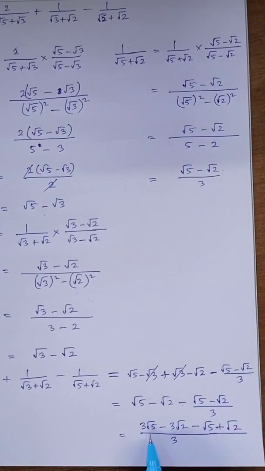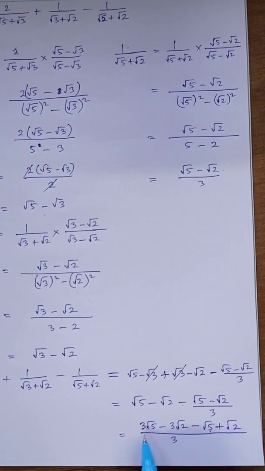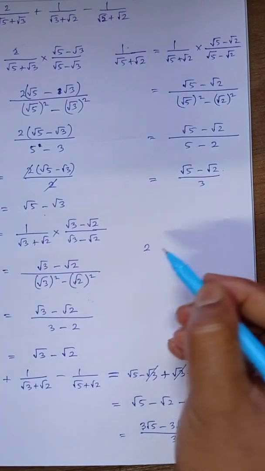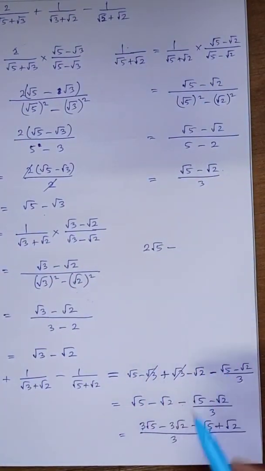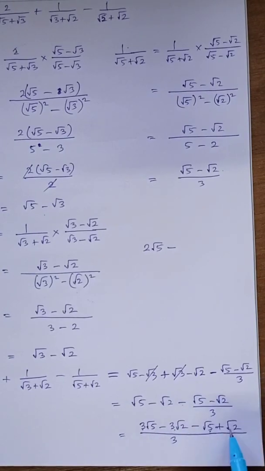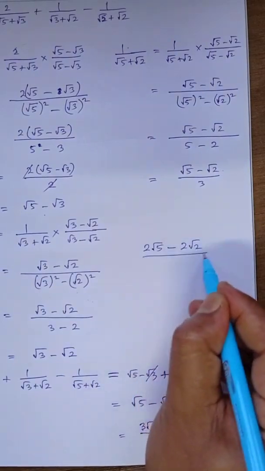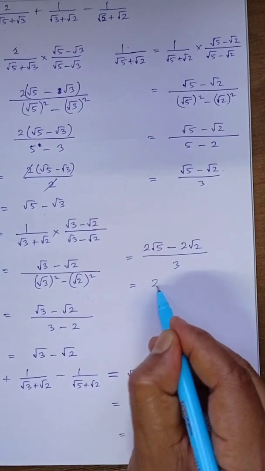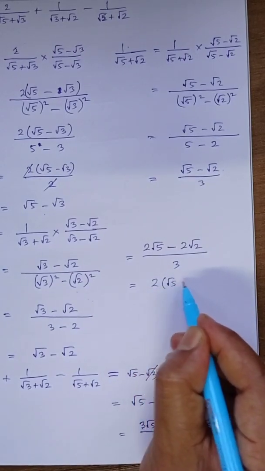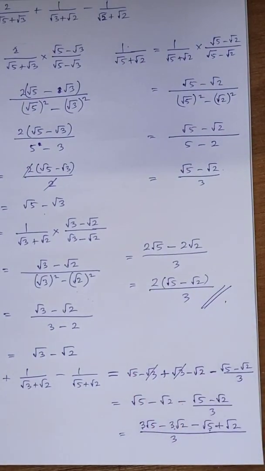So if I subtract this and this from this, I'll get 3 minus 1 is 2 root 5 minus, same thing, 3 minus 1 is 2 root 2 divided by 3. So this is equal to, take 2 common, root 5 minus root 2 by 3. So this is your solution.